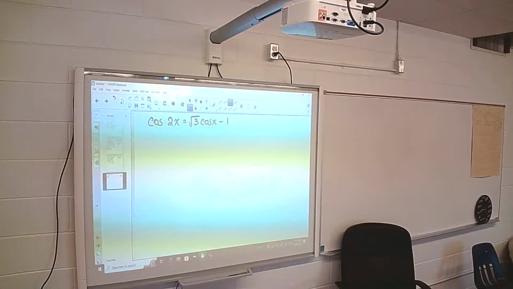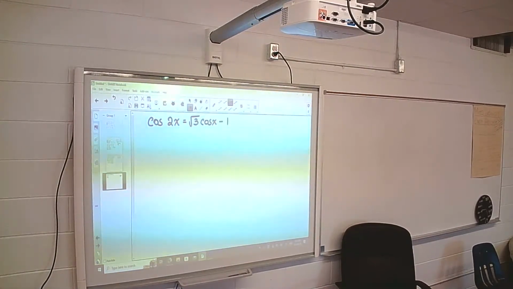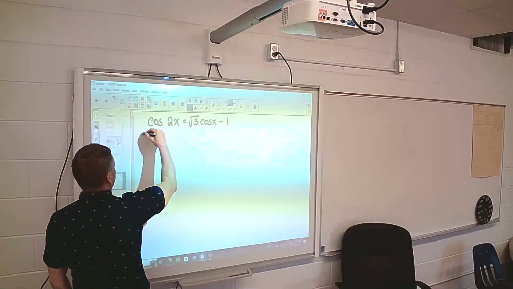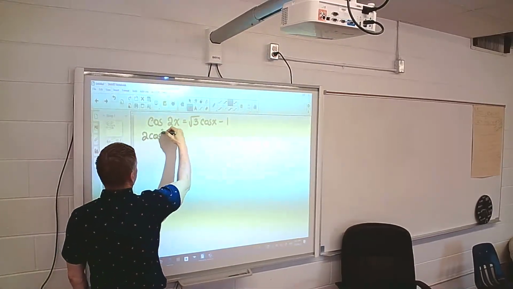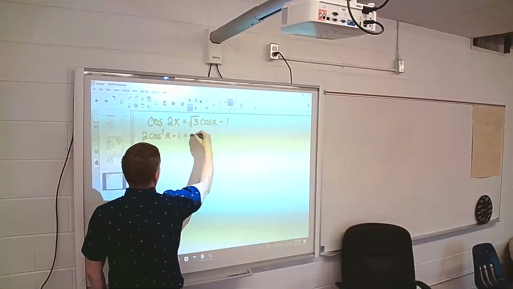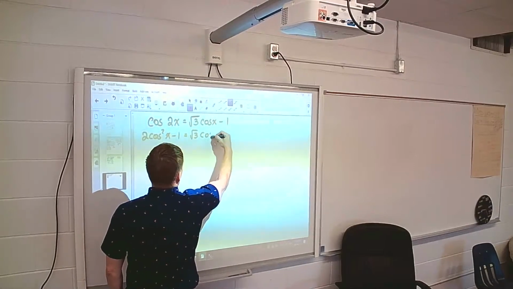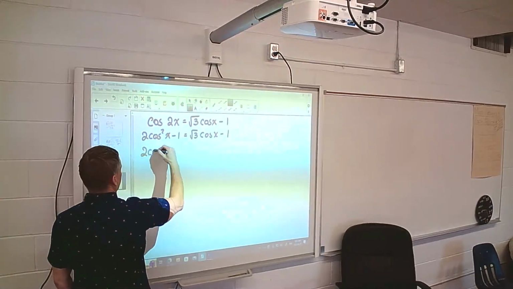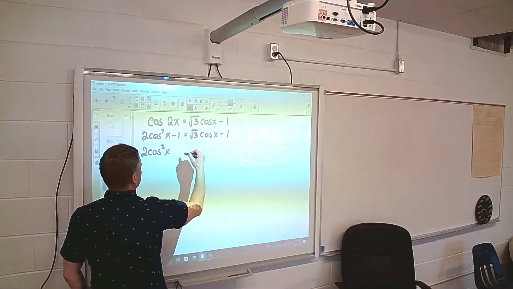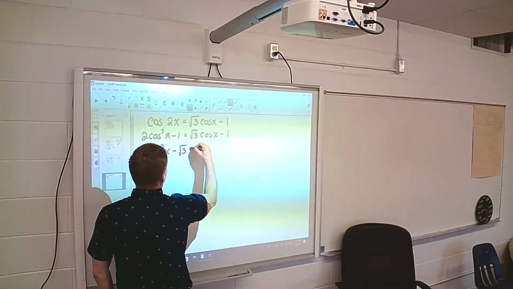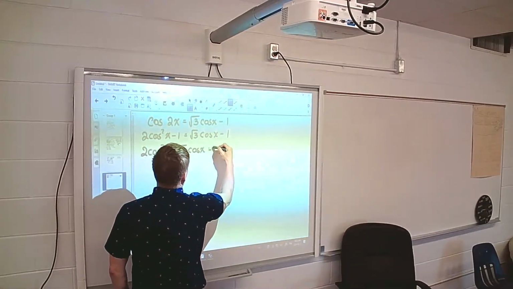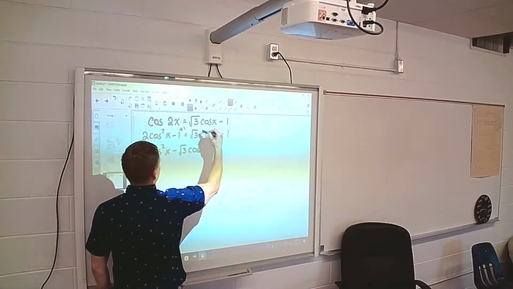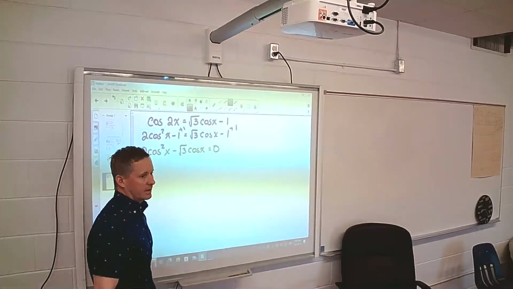2 cos squared x minus 1. And how come you chose that one? Because there's a grid value. Exactly. So I've got 2 cos squared x minus 1 equals root 3 cos x minus 1. Flip it over to here: 2 cos squared x minus root 3 cos x equals 0, when I add 1 to both sides, those cancel out.